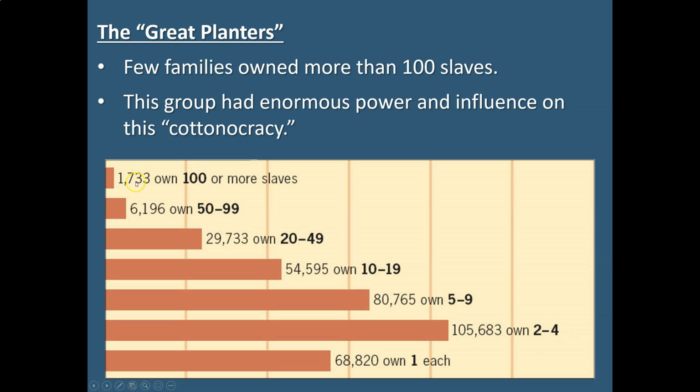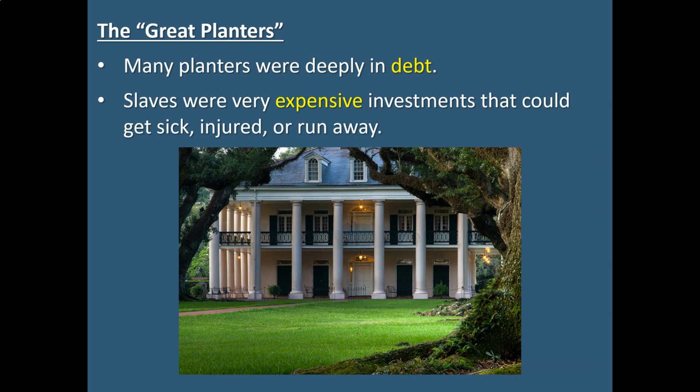There's only a small group at the top that own a lot, but these are the people who have the most power and influence in Southern society. They sort of guide and rule over the so-called Cottonocracy. The Cottonocracy is this oligarchy of the South of rich planters who have outsized influence over the entire South.